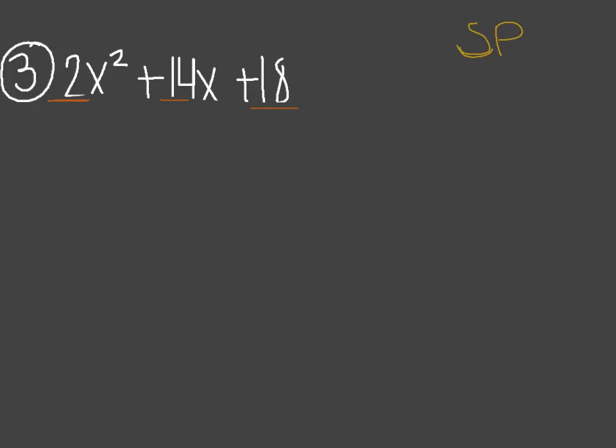My factors of 2 are 1 times 2. Factors of 14 are 1 times 14 and 2 times 7. My factors of 18 are 1 times 18, 2 times 9, and 3 times 6. I find the biggest number that they all have in common, which is 2. I factor that out, and I write what I have left.